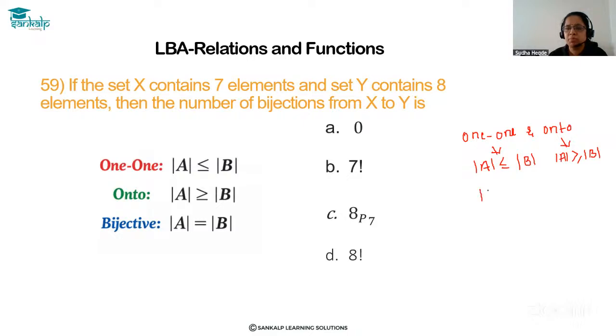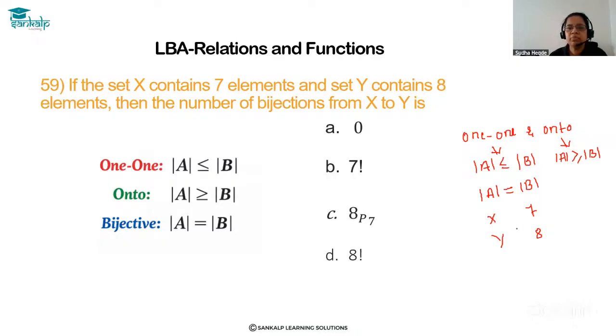Therefore, if you combine these two, number of elements in A must be equal to number of elements in B for bijection. But in this case, the domain is X, which contains 7 elements. Codomain is Y, which contains 8 elements. These two are not equal. Therefore, you cannot find any bijective map.